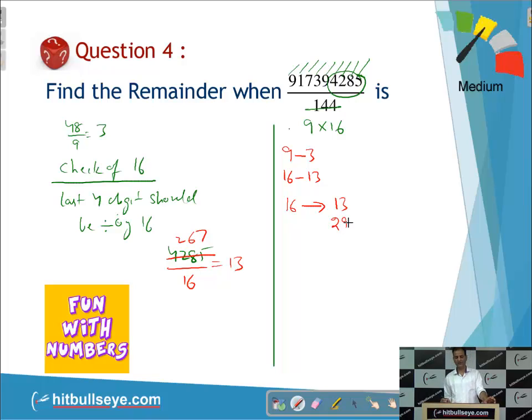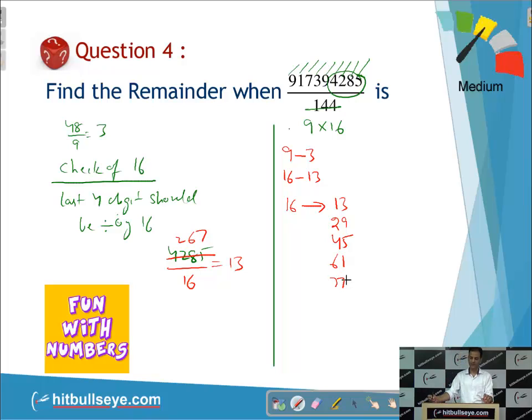13 plus 16 is 29. 29 when divided by 9 gives remainder 2. 29 plus 16 is 45. Now remainder is 0. 45 plus 16 is 61. Now remainder is 7. 61 plus 16 is 77.